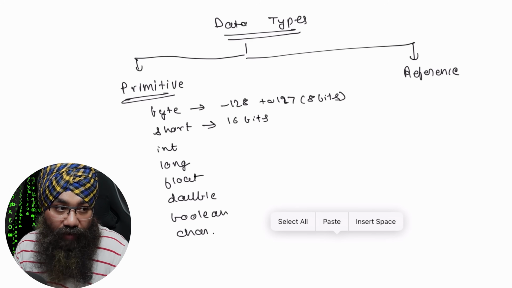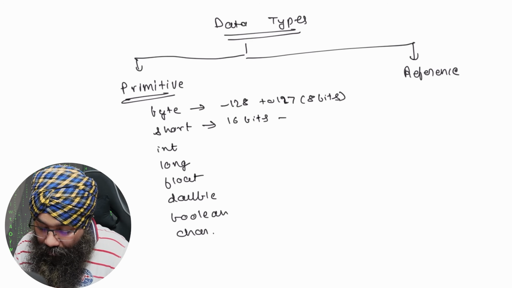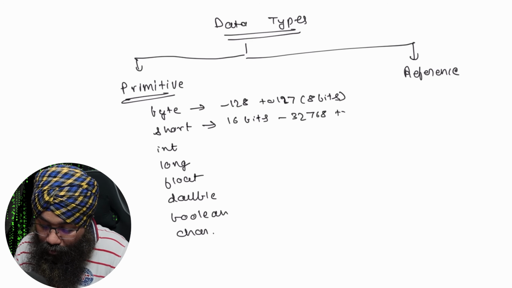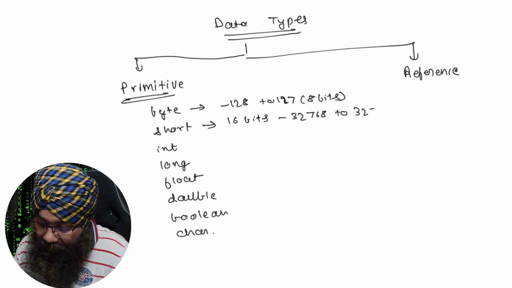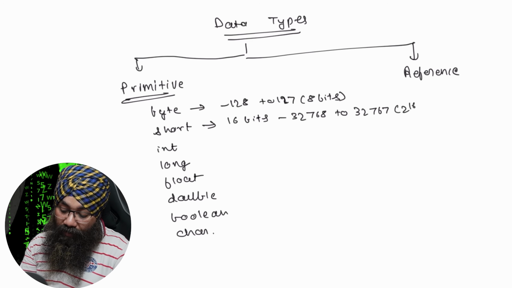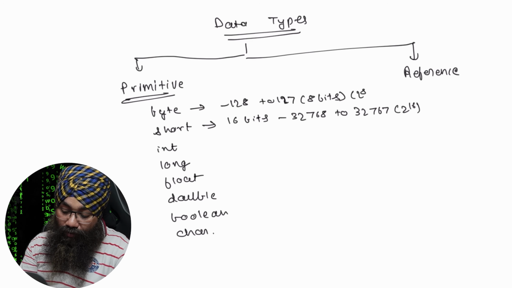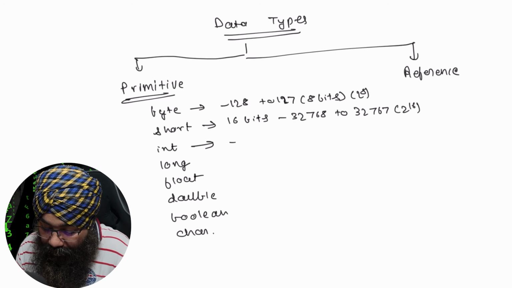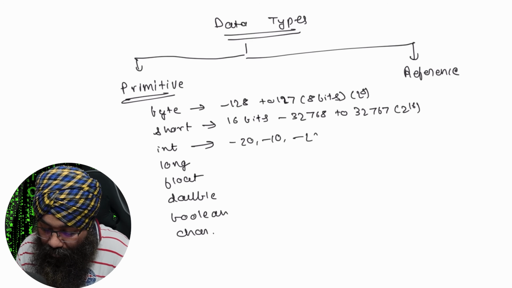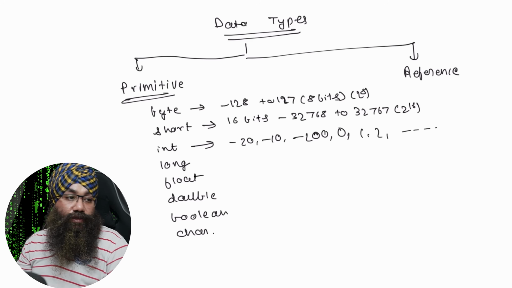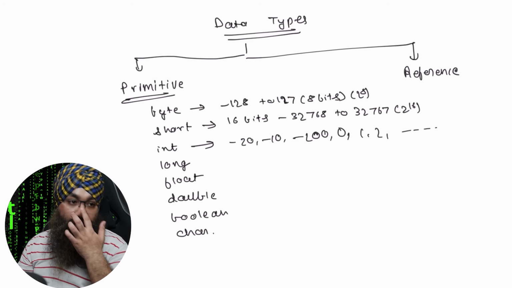So its value varies from -32768 to 32767. I think it is approximately 2 to the power 16, and byte is approximately 2 to the power 8. Now int is used to represent integers. You can have -20, -10, -200, 0, 1, 2, a long range for int. So it is basically used to hold integers.